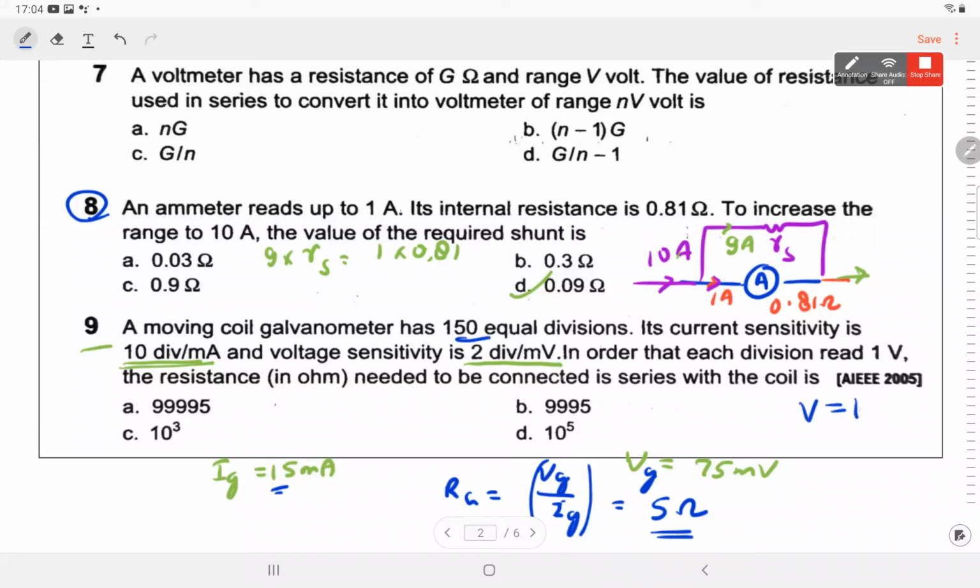So the range of the voltmeter should be 150 volt.